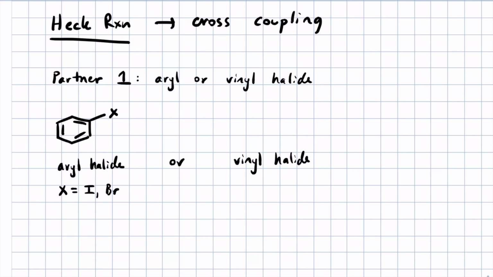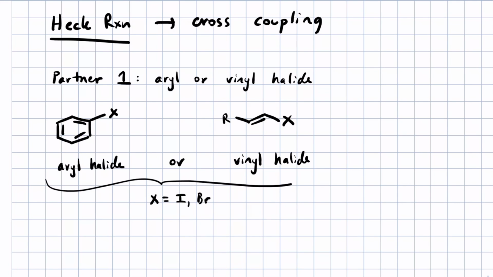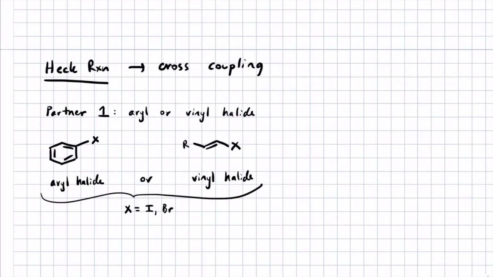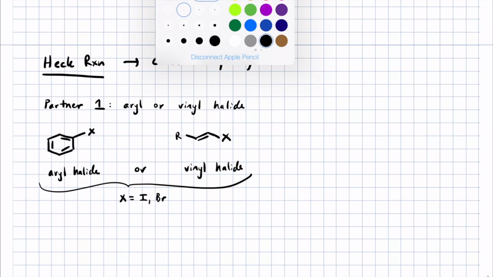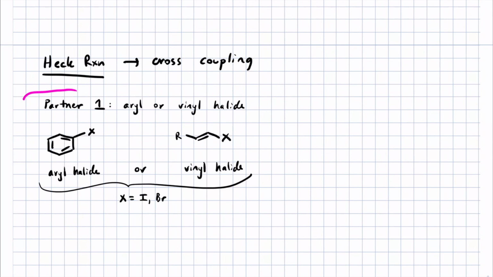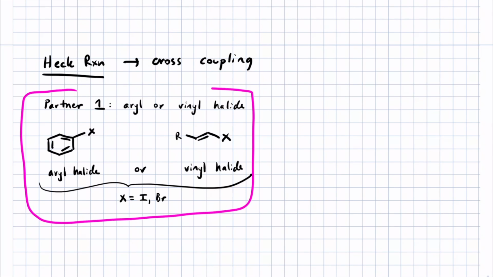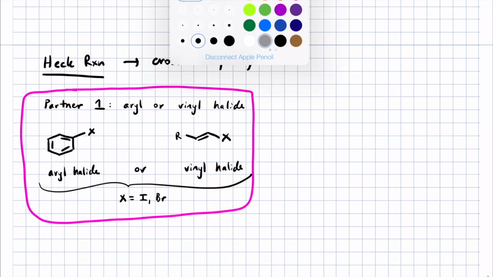A vinyl halide is one in which the bromo or iodo group is attached to one of the sp2 hybridized carbons of an olefin. So either of those options will work for partner one.